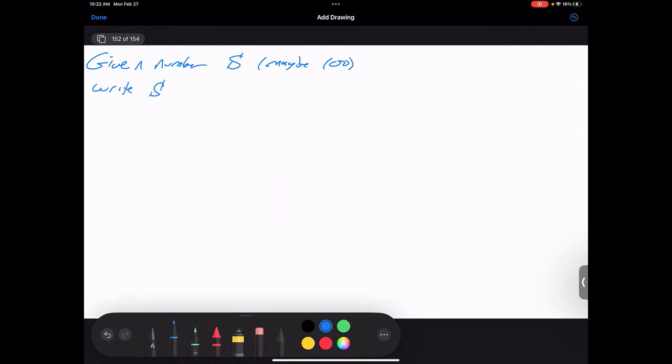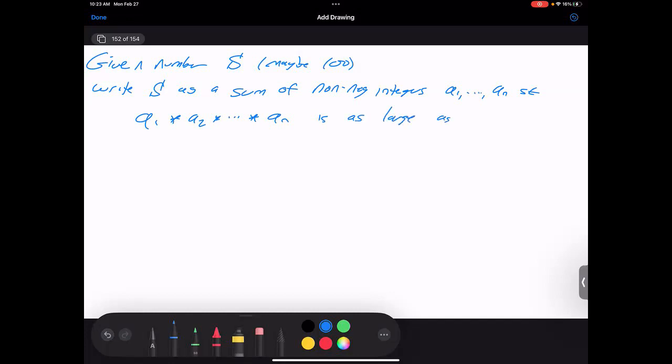Write S as a sum of non-negative integers A1 through AN such that A1 times A2 times through AN is as large as possible.